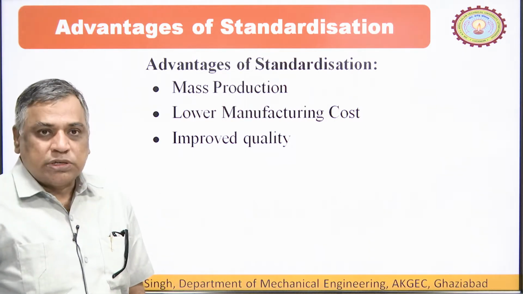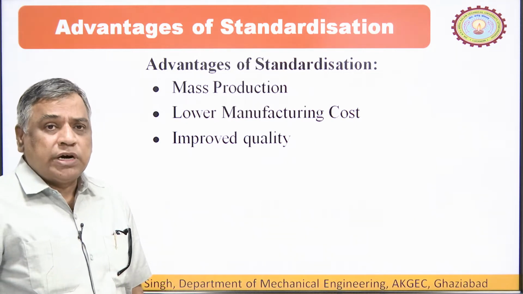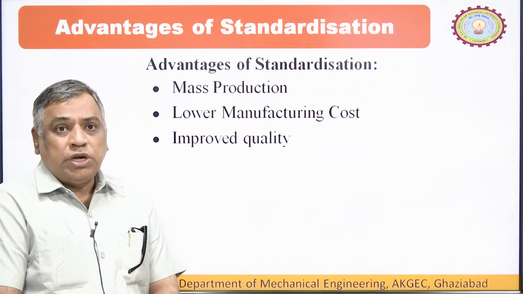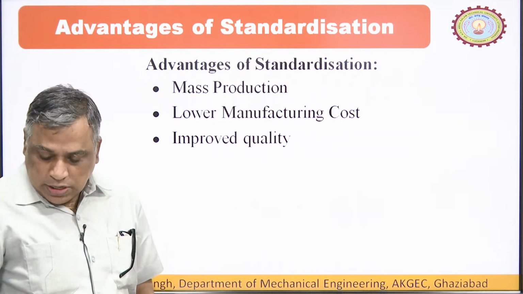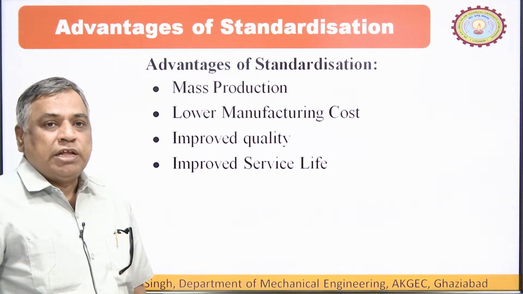We have data for the standard items from our past, and we can get better and better quality for the product. In this way we ensure improved quality if we use standard elements.